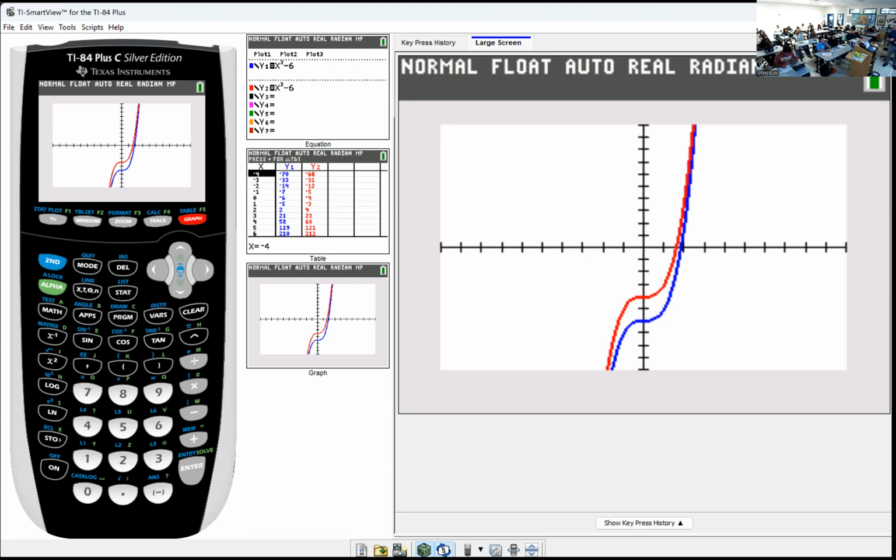So my g of x equals the quantity x plus 3 cubed minus 6. I could graph that, but that's not in standard notation, right? I need to put my polynomial in standard notation. This is a little tricky.